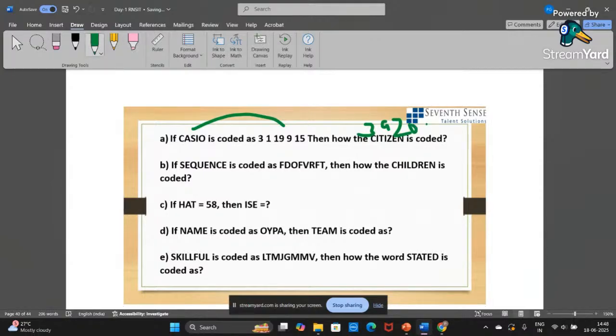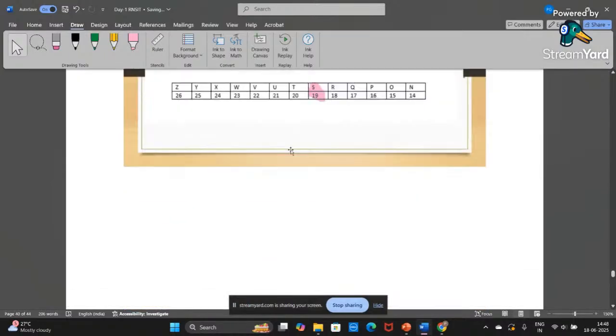For I it is 9. For Z it is 26. For E it is 5. For N it is 14. So this is how they have coded. They have just written the position of the letters in order, that's all.